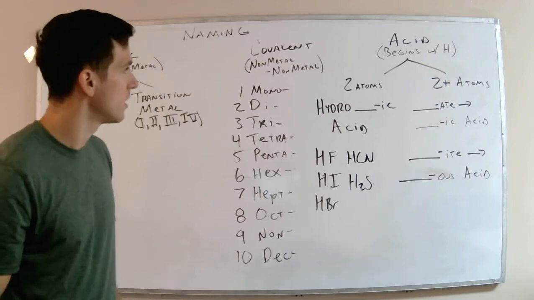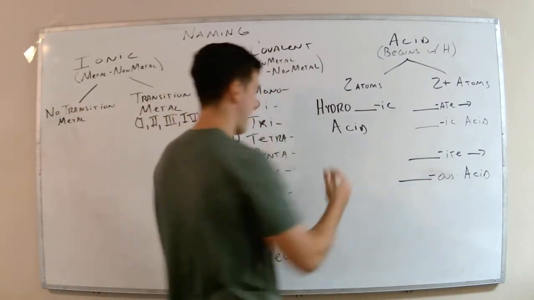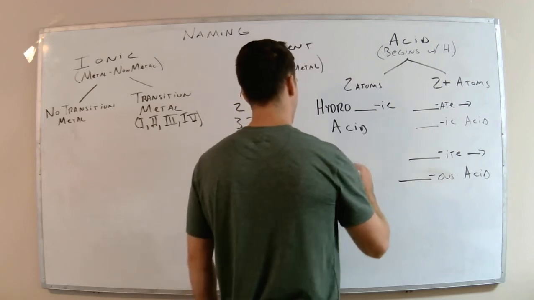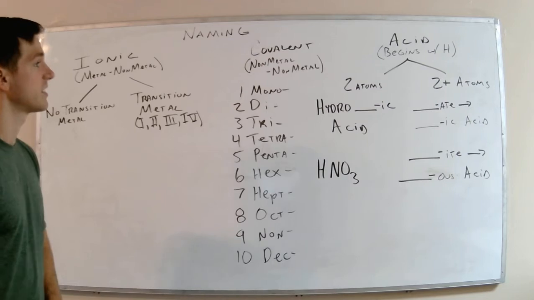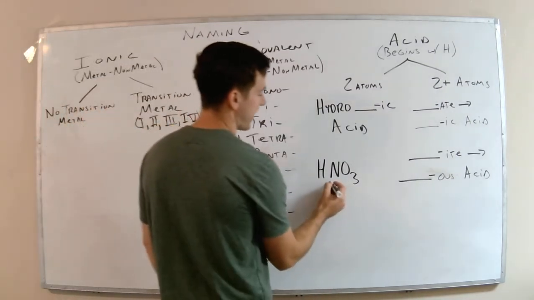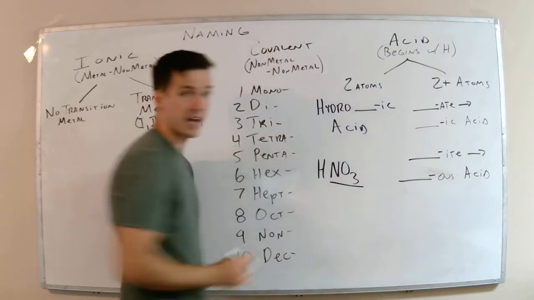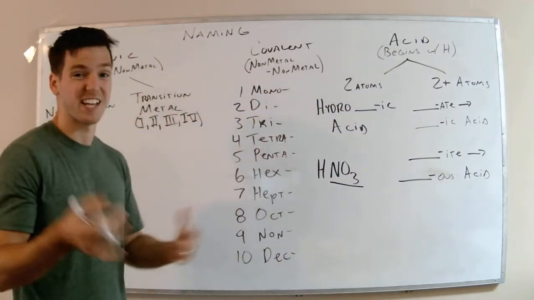Now for the next one, if we have something with more than two atoms, like HNO3, what we're focusing on is the attached polyatomic ion, which you need to remember, like NO3, which is nitrate.